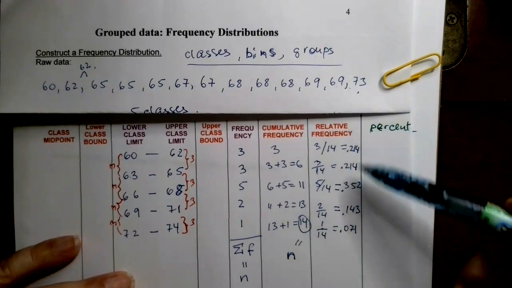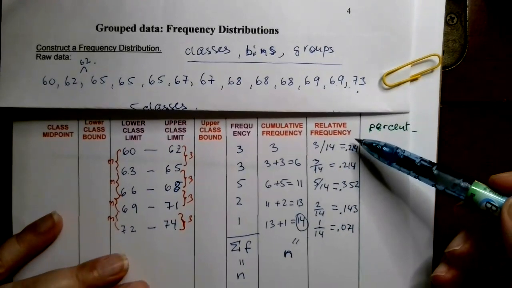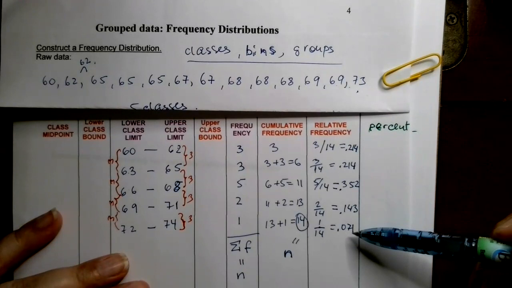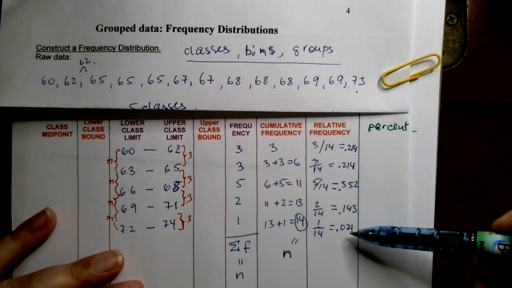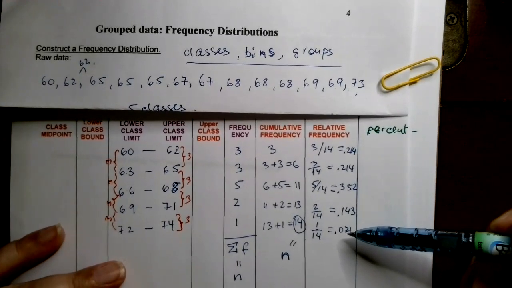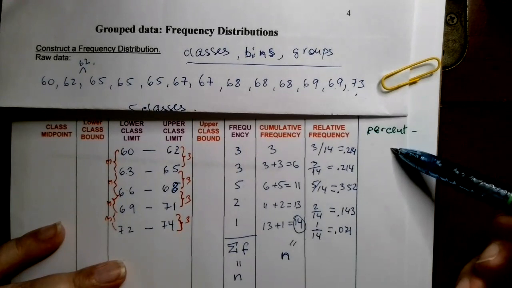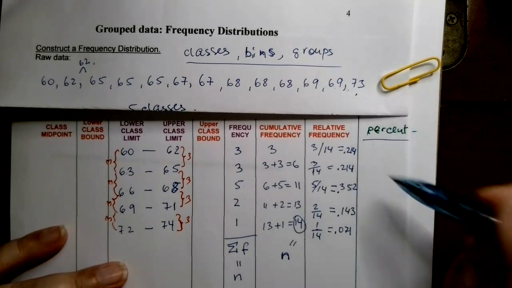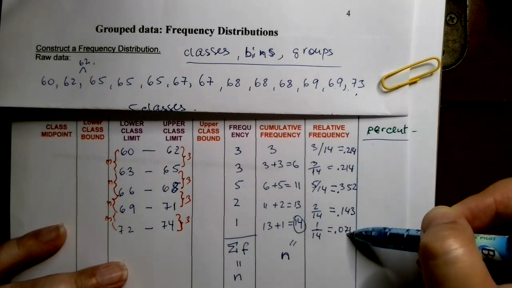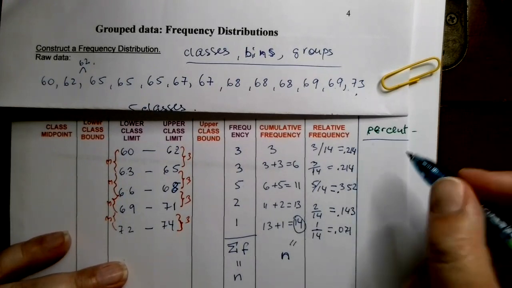Okay, so that's nice and dandy. We basically have a percentage in decimal form, but people are usually not used to seeing percentages in decimal form, so we have to convert it into percent form. To convert, you take each of these values and multiply by 100.